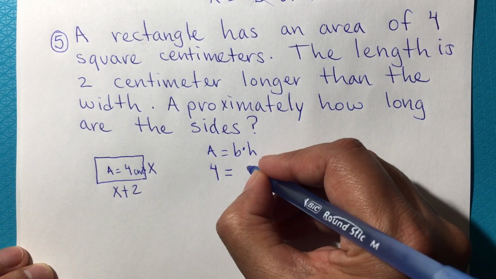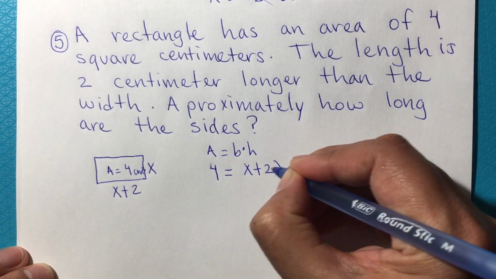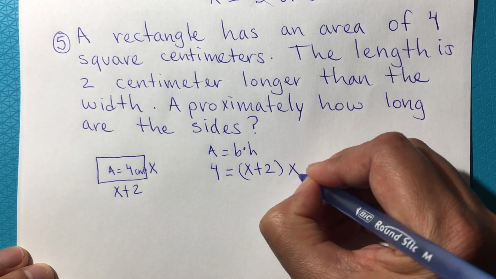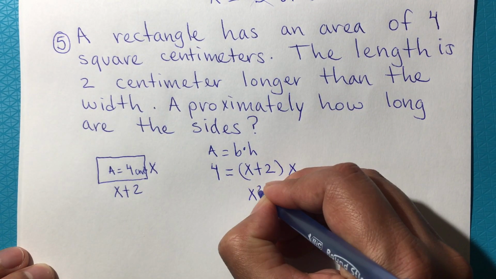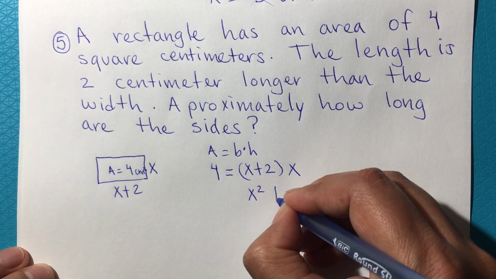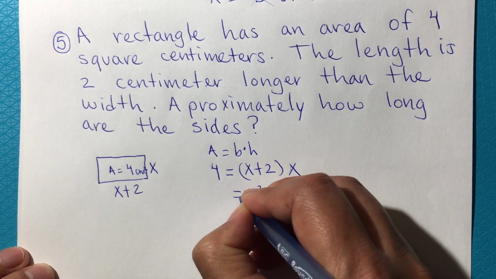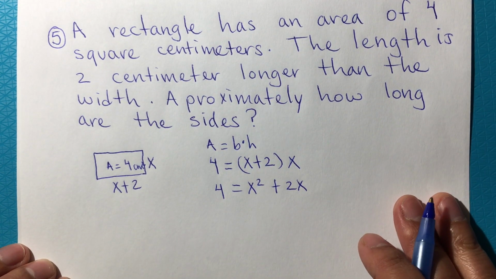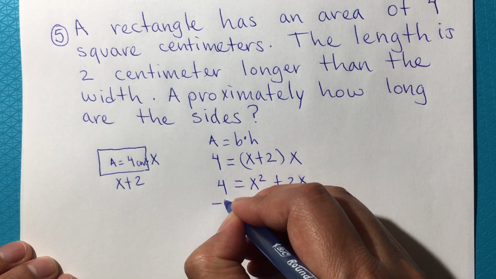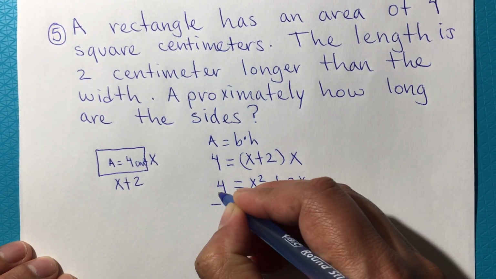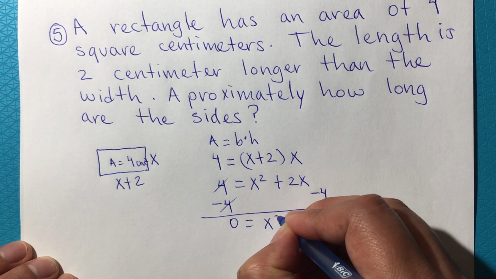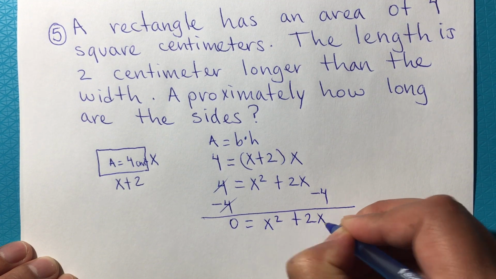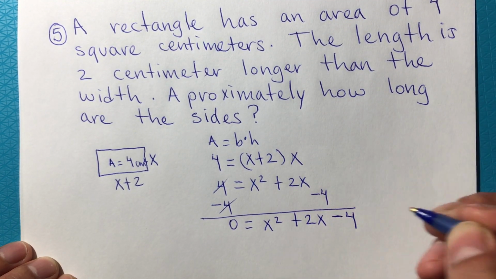The base is x plus 2, and the height is x. x times x is x squared. x times 2 is 2x. We bring down the 4. Now we cancel by subtracting. This cancels, and 0 is equal to x squared plus 2x minus 4.